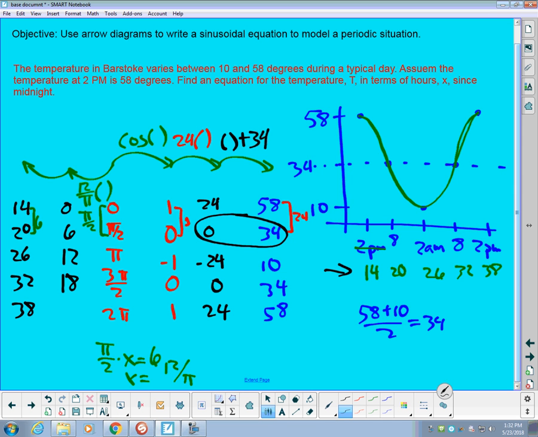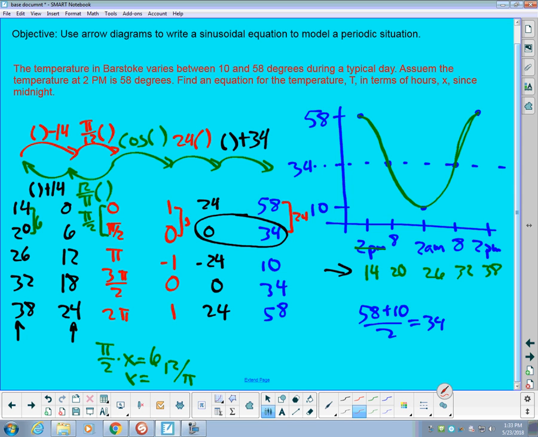And 12 over pi times 2 pi gives me a 24. And I can see to change this list of numbers into this list of numbers, I just need to add 14. So working back across the top then, that's a subtract 14, and this is a multiply by pi over 12.